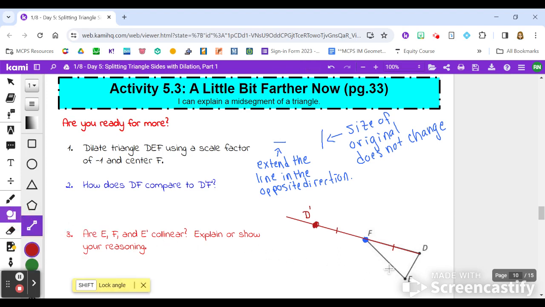Now if I wanted to find E prime, I'm going to start at E, and I'm going to extend through F, to the center of my dilation, in the opposite direction.